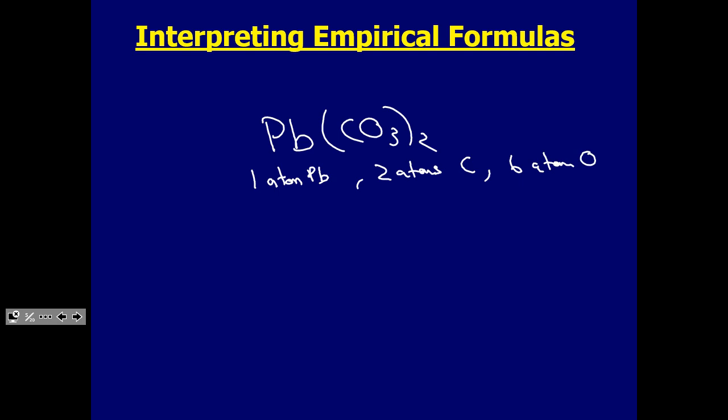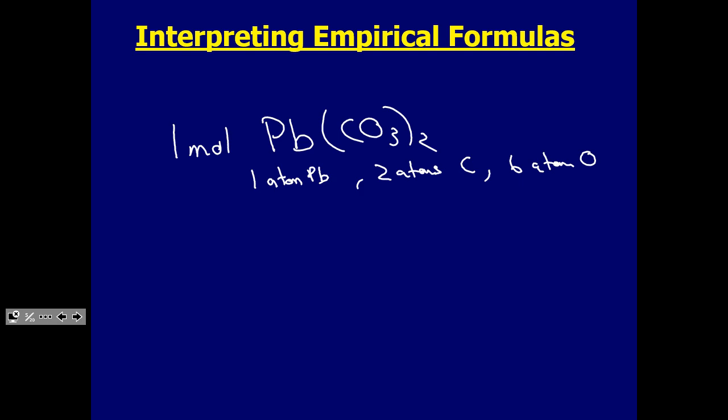We count the atoms. Now, we already know that calculating atoms is tricky. We could try to calculate entities, because entities are atoms, but that's really kind of a pain. So let's say I had 1 mole of this stuff, an entire mole of lead-2 carbonate, and I took all of the atoms off of that entire mole.